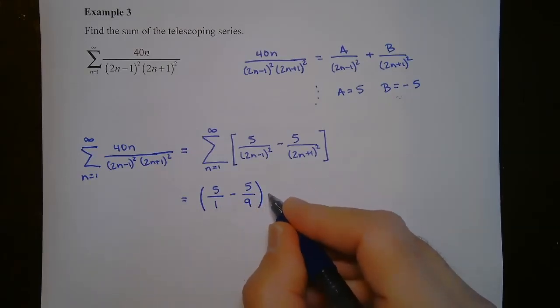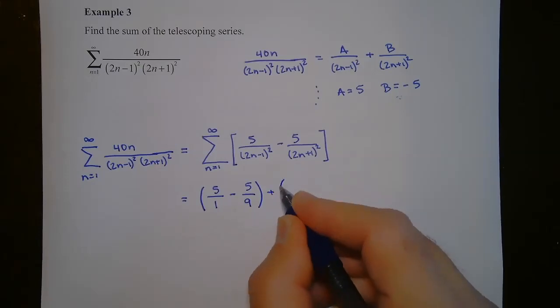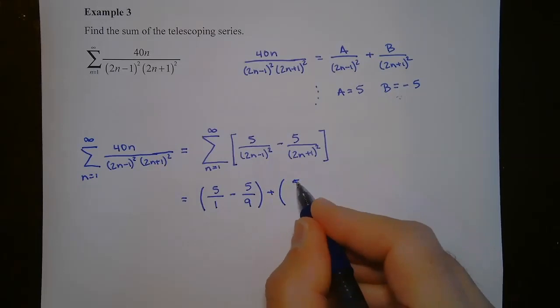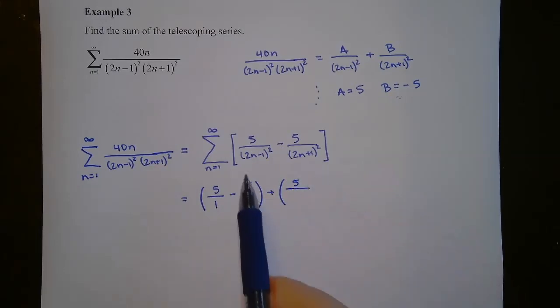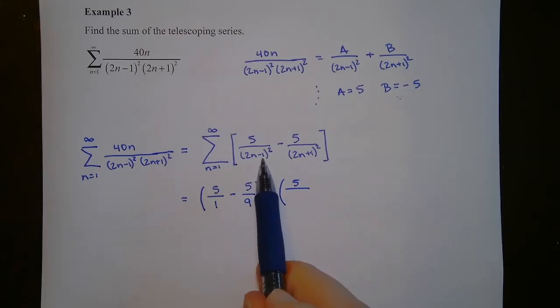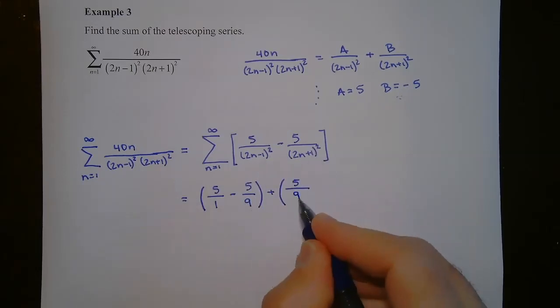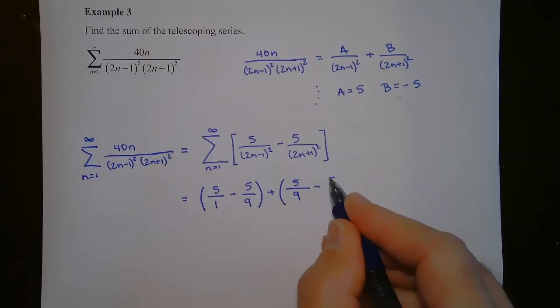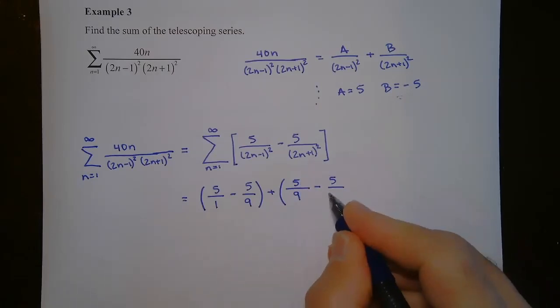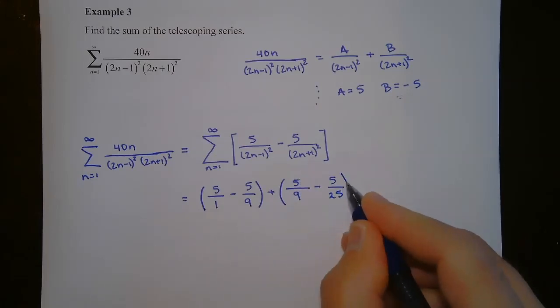And then we would add to that, and we put 2 in. It'd be 5 over 2 times 2, which is 4, 4 minus 1 is 3, 3 squared is 9. So this one's 5 over 9, minus, putting 2 into the second term, 2 times 2 is 4 plus 1 is 5, so that'd be 5 over 25.